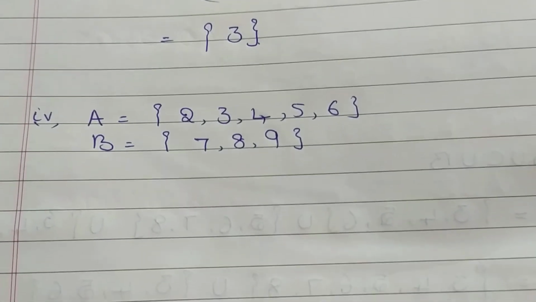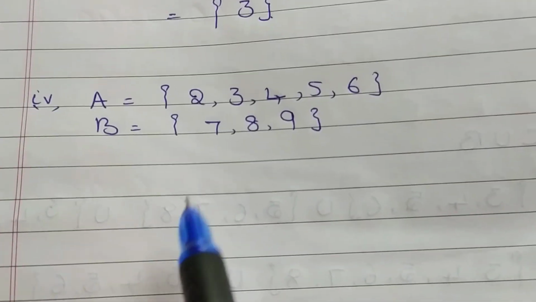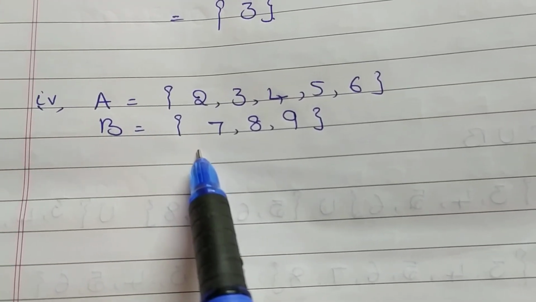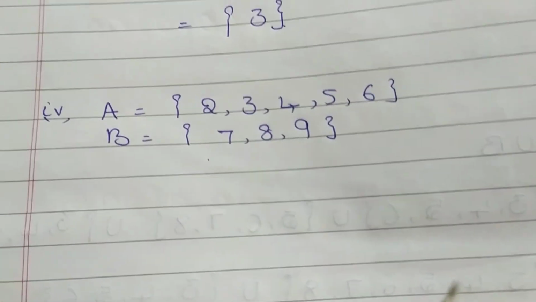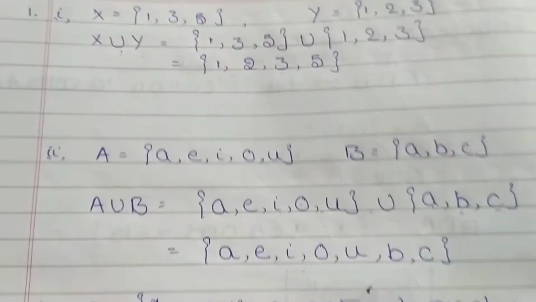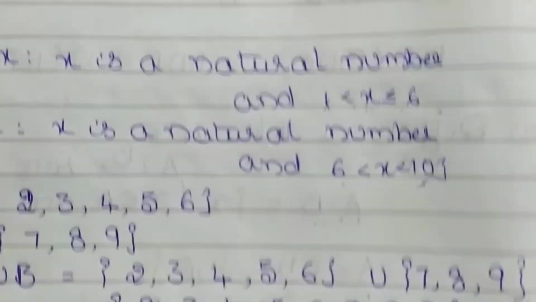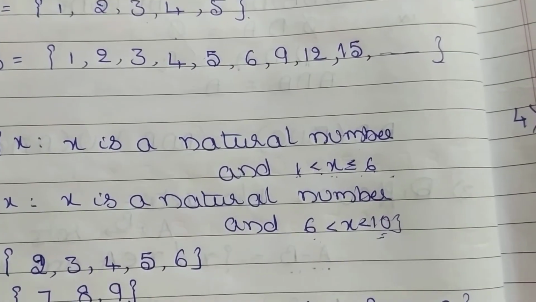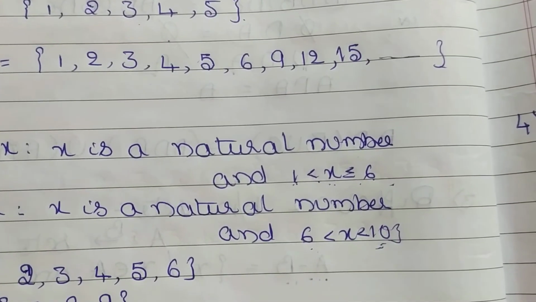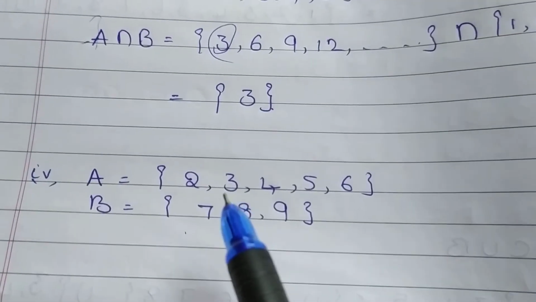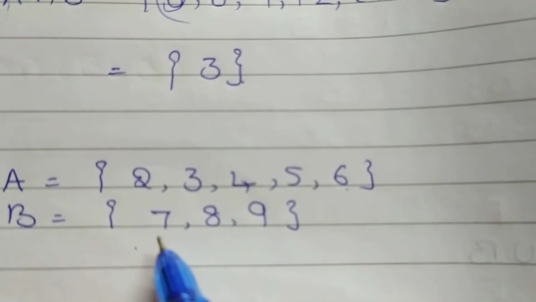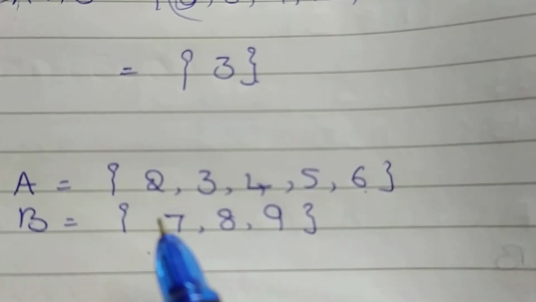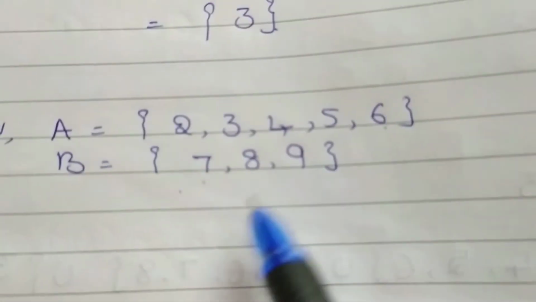Next question also they gave in the set builder form. So we converted it into the roster form. That is the numbers which lie between 1 and 6, and it can be 6 also. So I took 2, 3, 4, 5, 6, and the other set is the numbers in between 6 and 10.